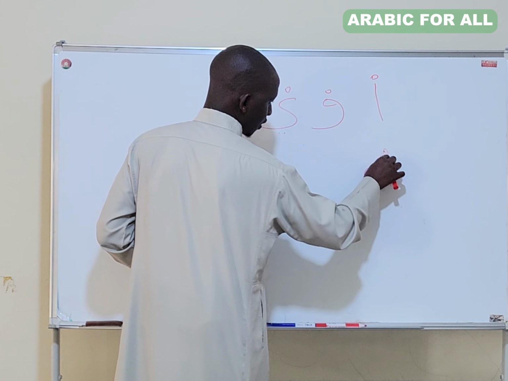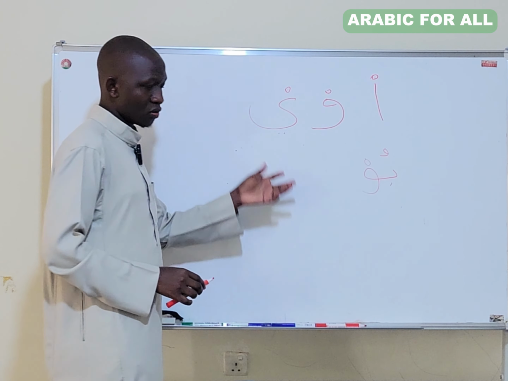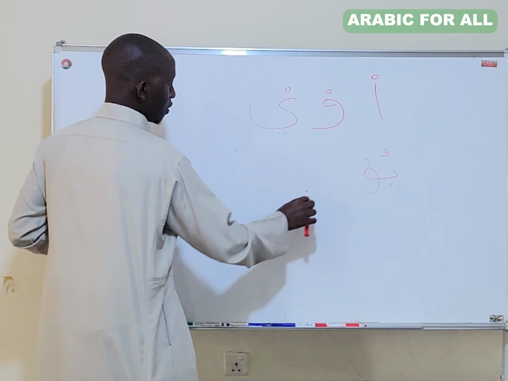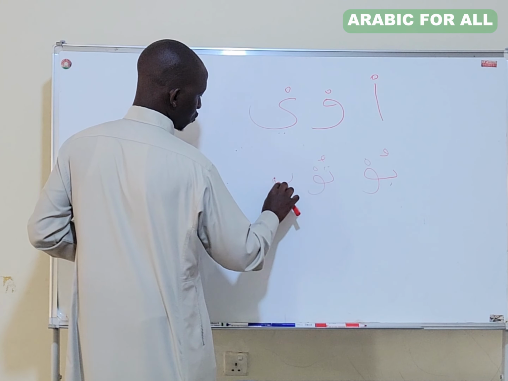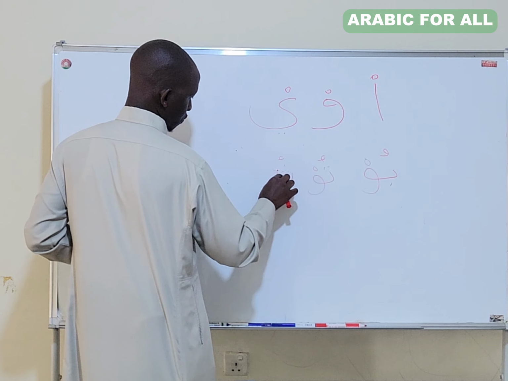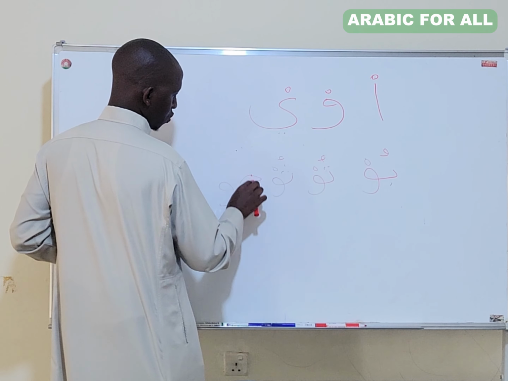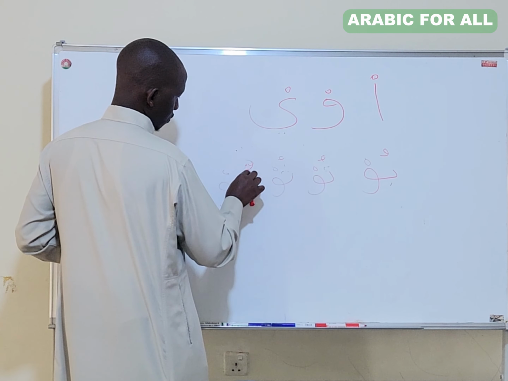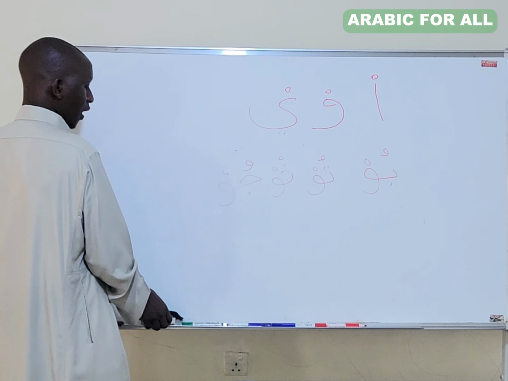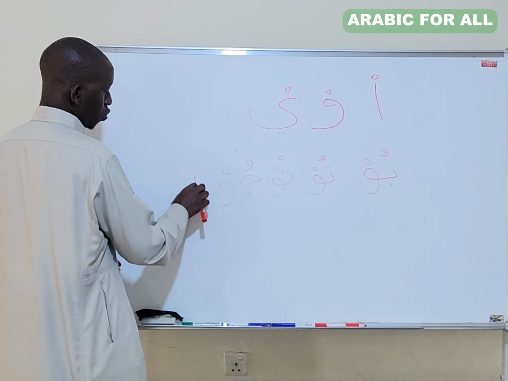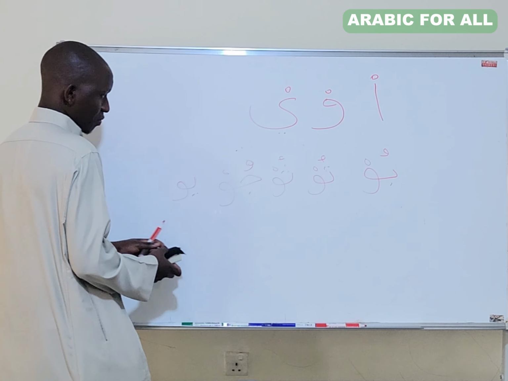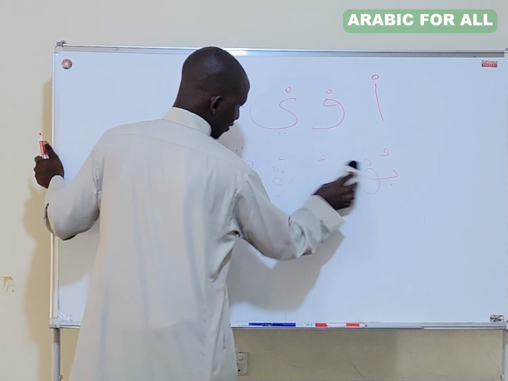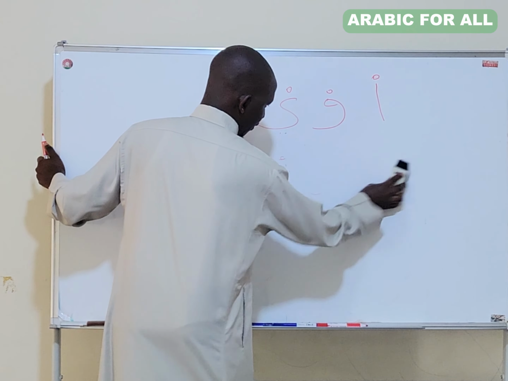An example is here. You say boo, it becomes longer. Boo, then too, then thoo, then joo, like that, until yoo, which is our last letter, like we saw. We're going a bit faster because you know most of these letters, inshallah ta'ala.